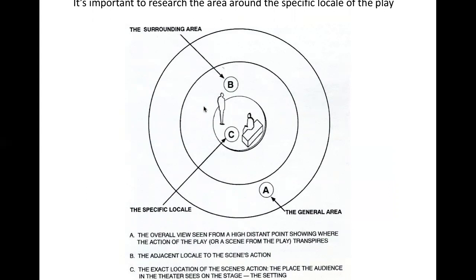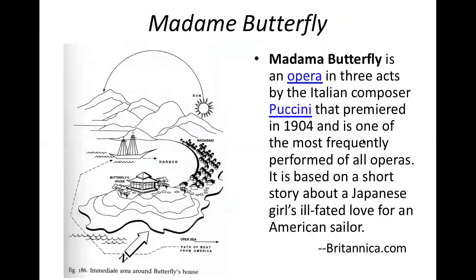So look at the surrounding area, but also look at that general area and see how things are oriented. I'm going to use from his book an example of the opera Madame Butterfly, which he shows how he developed his design using his research.